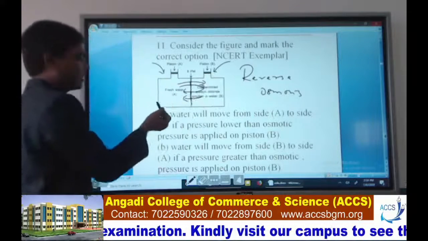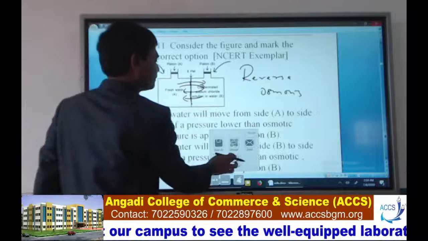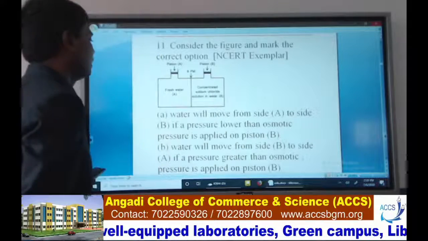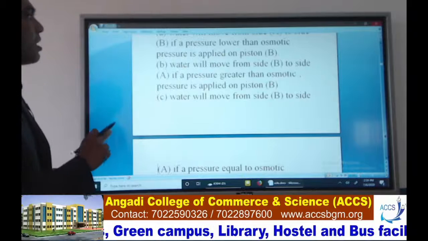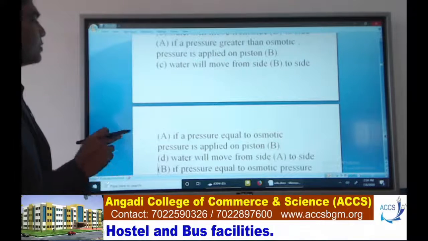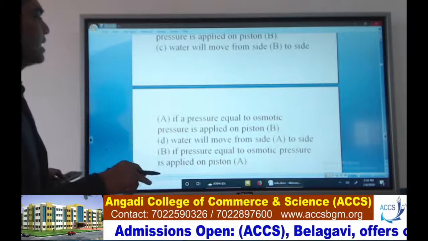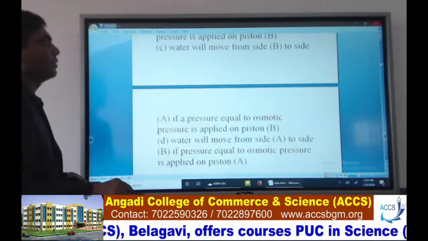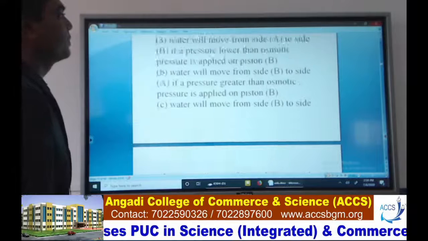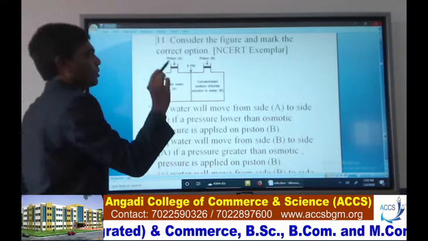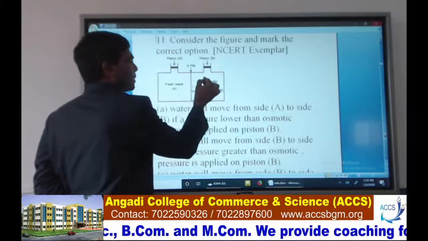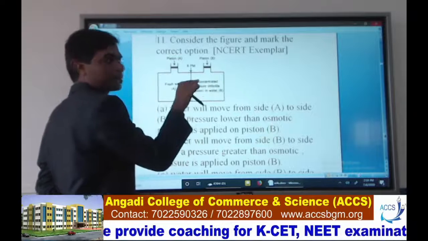Third option: water will move from side B to side A if pressure is equal. Water will move from side A to side B if pressure is equal. Okay, so again I will tell the options with the diagram here only. First option, from A to B with high pressure.